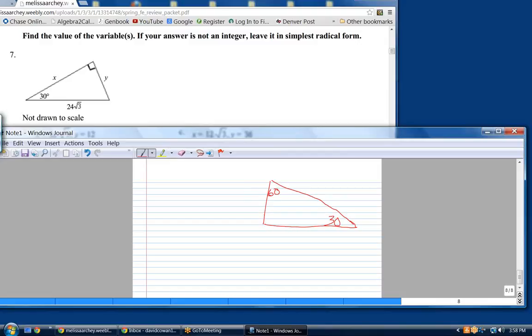In other words, I just have to remember what the saying is, SOHCAHTOA, and have it out in front of me. So if I write that on the note card, I should be able to get that just fine. Opposite hypotenuse, adjacent hypotenuse, opposite adjacent, right? Right. That's opposite over hypotenuse, adjacent over hypotenuse, and tangent is opposite over adjacent.